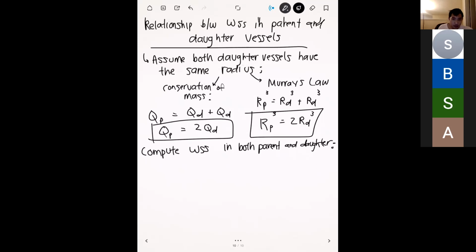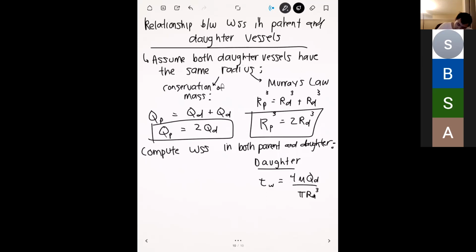And so let's actually do the daughter one first. If we use the formula on the previous page, we know that tau W is going to be equal to 4 times mu times Q, where the Q in the daughter vessel is going to be QD, all divided by pi RD cubed.